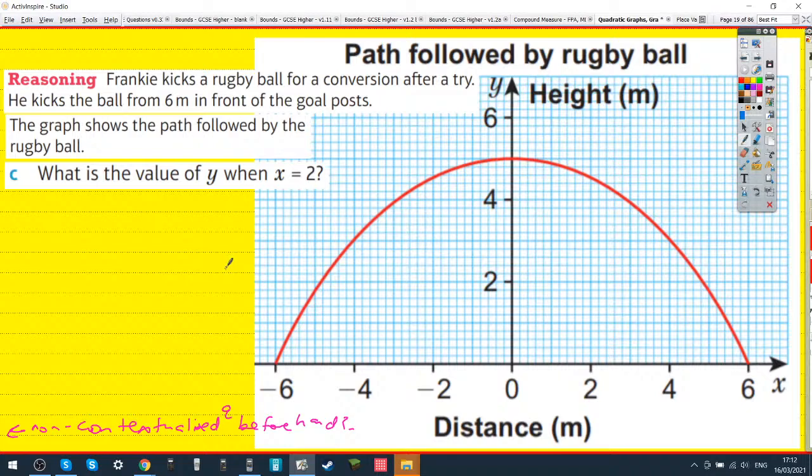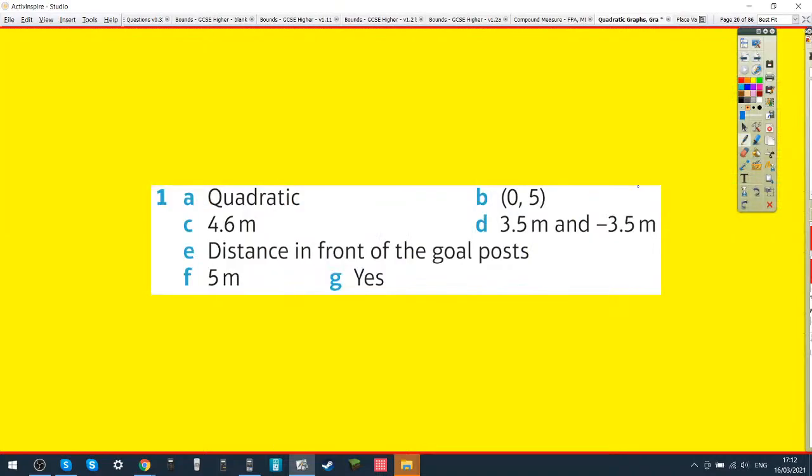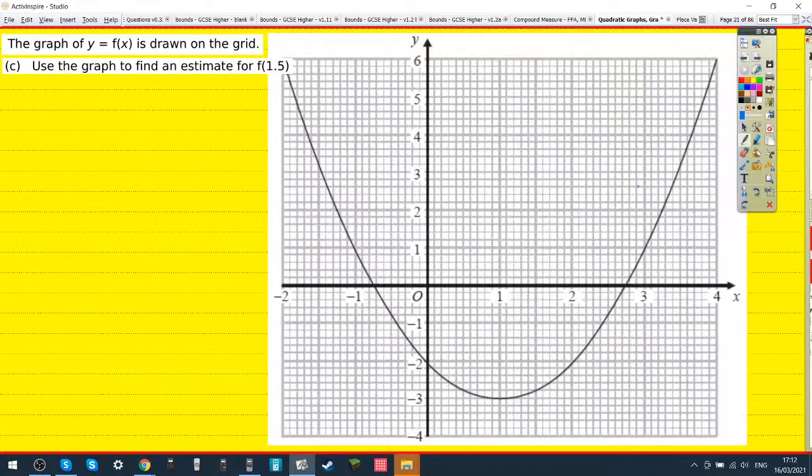Is it 3? When x is 2, so you go to 2 on the x, and so it's there. So what does that look like? Like 4.9. Okay, I'm going to say 4.6, just as a guess. Where was it? 4.6, there we go.